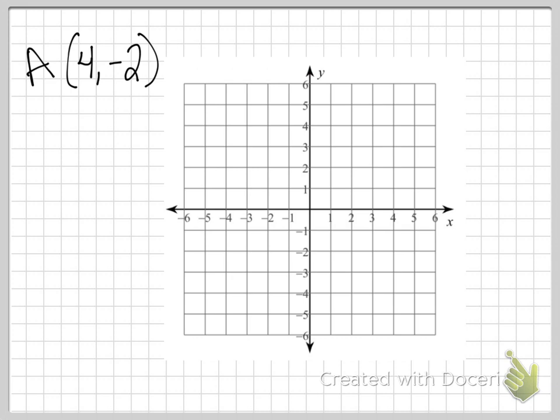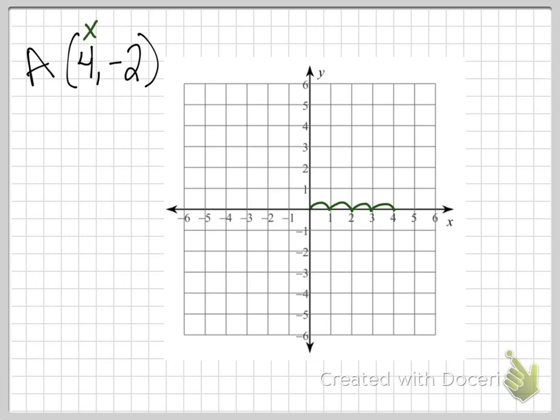Okay, let's practice. We're going to plot point A at 4, -2. All right, so the 4 represents how we're moving horizontally, x. So we start at the origin, okay, and we move 4 in a positive direction because it's a positive 4.